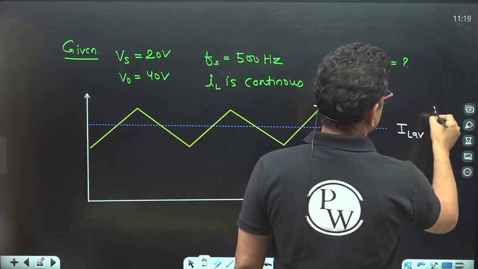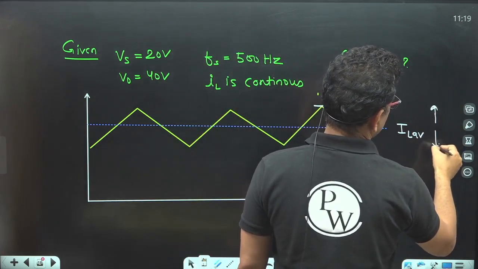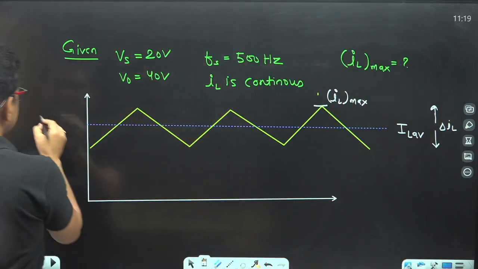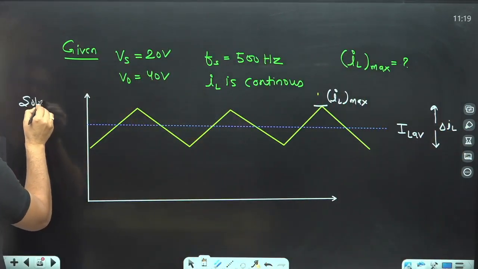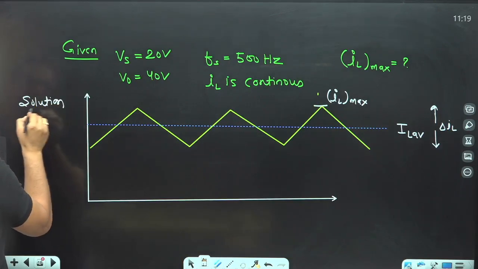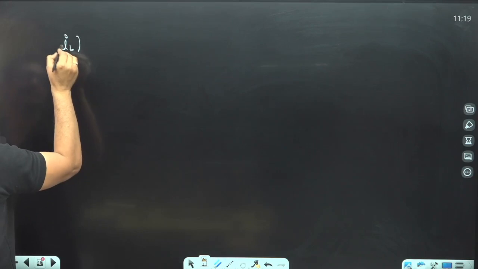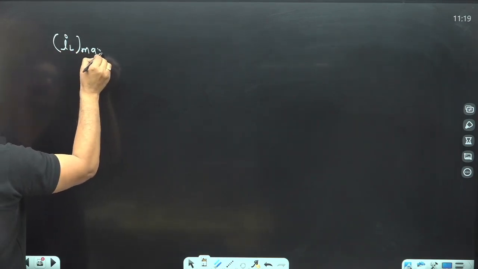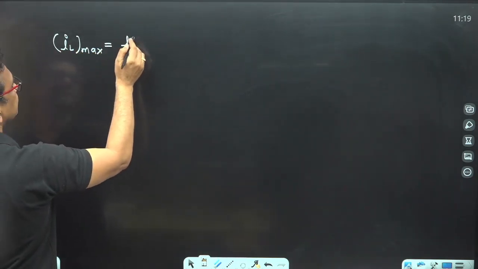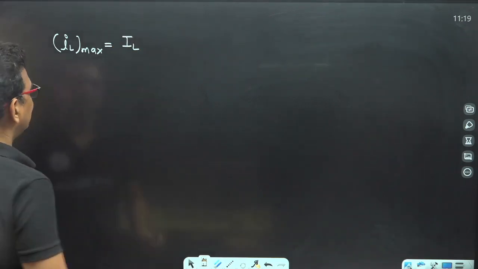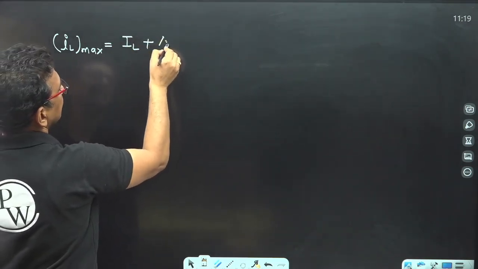So the peak to peak ripple in the inductor current is delta IL. IL max is nothing but the average value of inductor current, I am taking it as a capital IL, plus delta IL by 2.